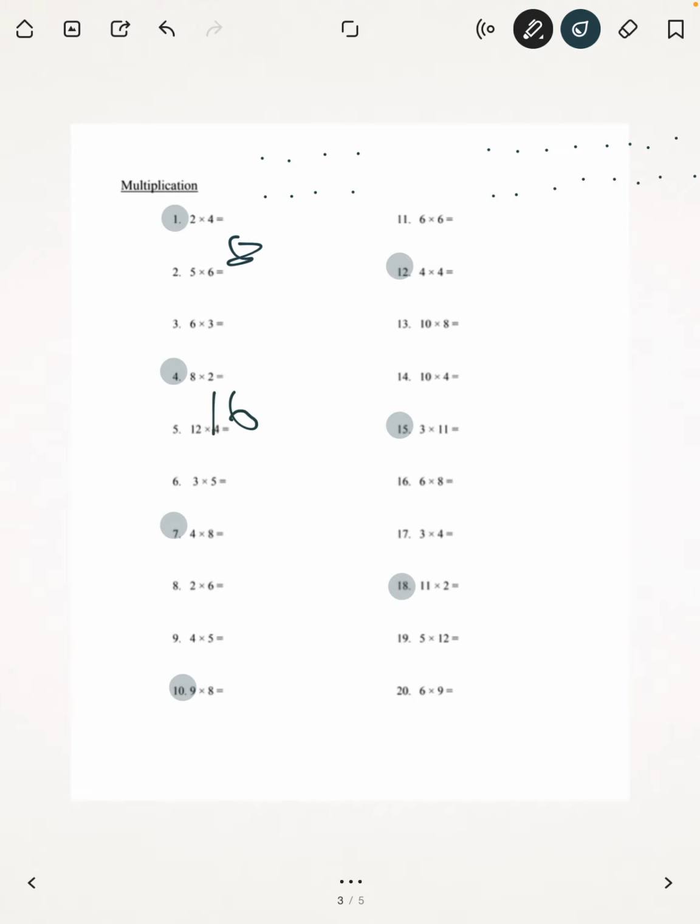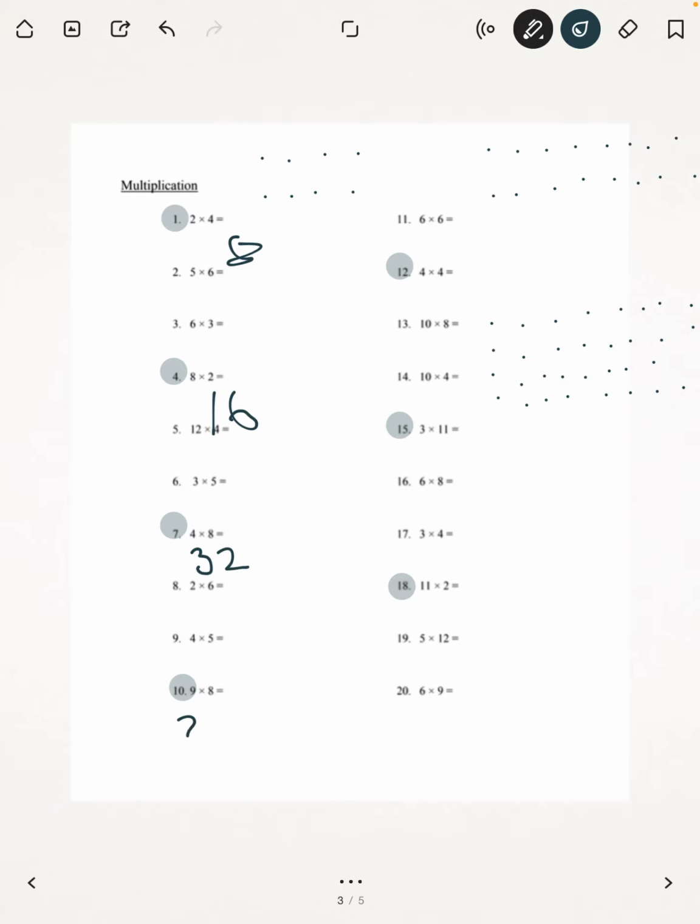4 times 8, that basically means, and each of them has 8. And if you count all of those up, it goes 32. And 9 times 8, that also basically means 8 plus 8 plus 8 plus 8, 9 times.